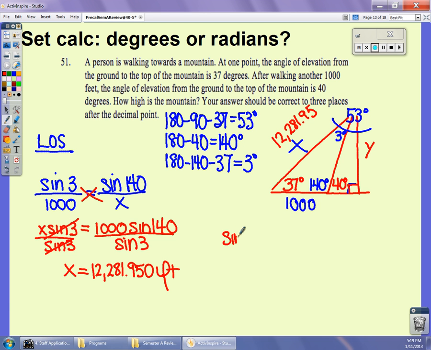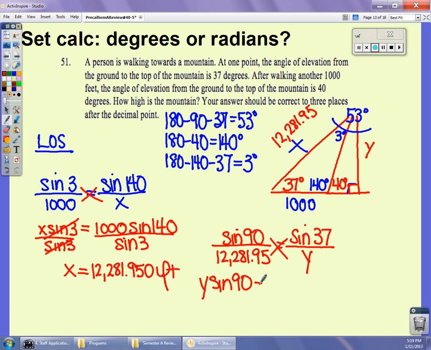So this time we get sine of 90 over 12,281.95 is equal to sine of 37 divided by y. Use cross multiplication, and we get y sine of 90 equals 12,281.95 sine of 37.